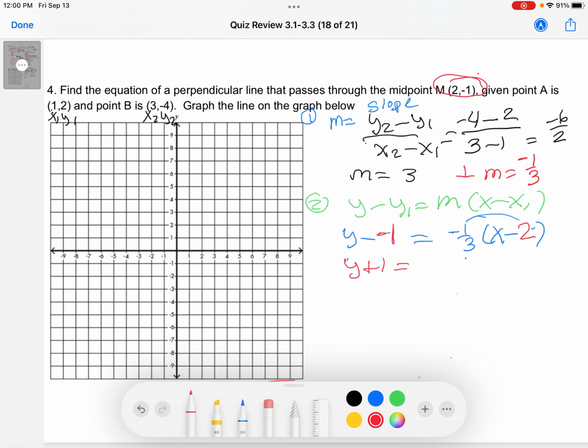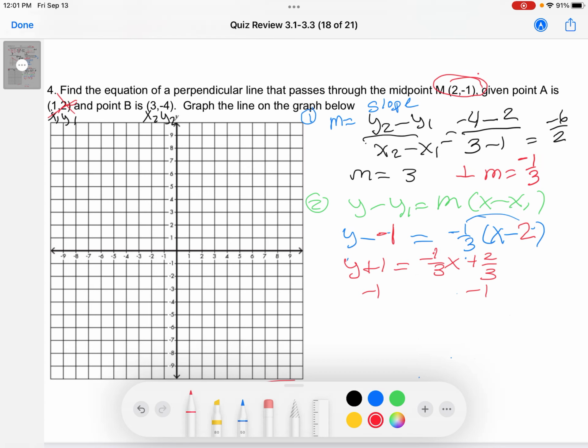So that becomes y plus 1 equals, remember, I'm using the slope, not the first point there, because the directions say to use the midpoint. So that becomes positive 2/3.